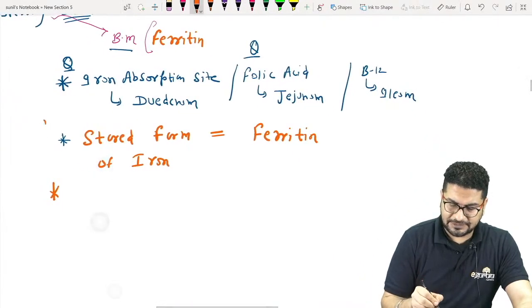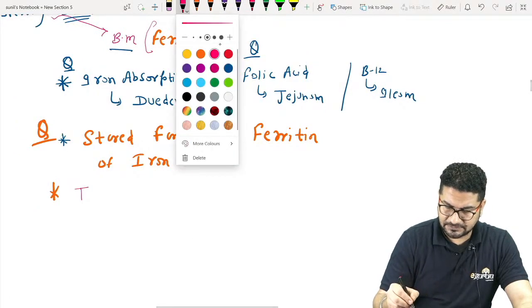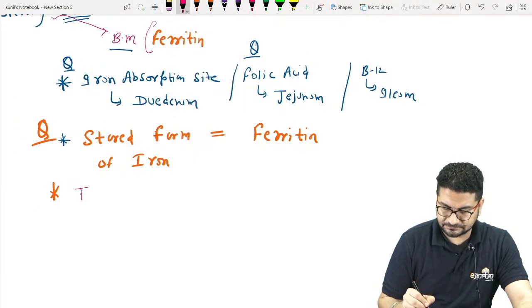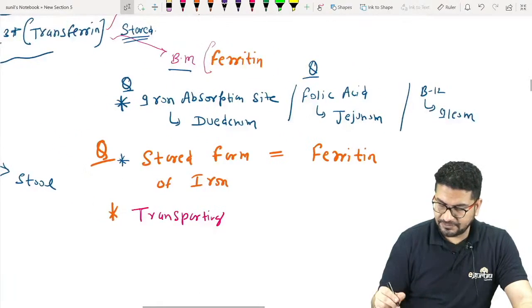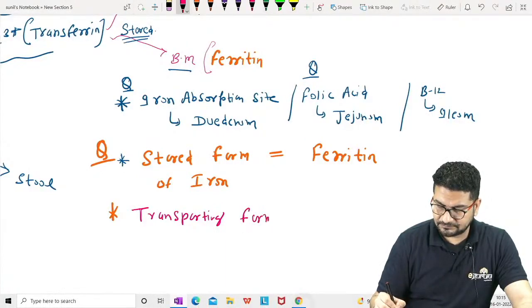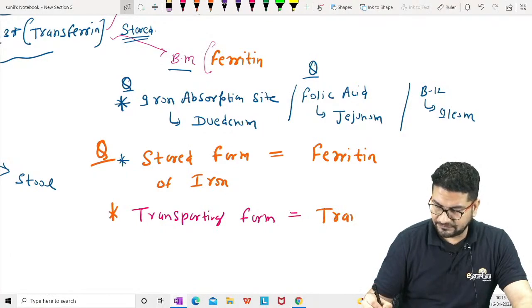If I ask you the next question, the transporting form of iron in blood vessel, try to answer, guys. The transporting form is transferrin.